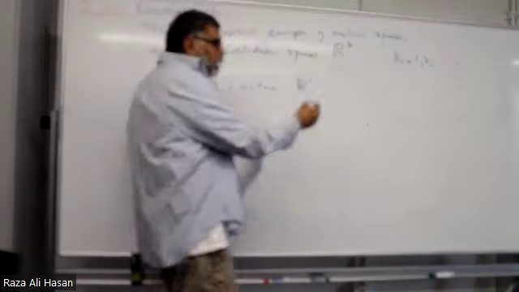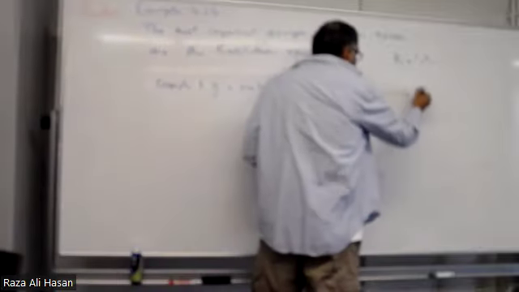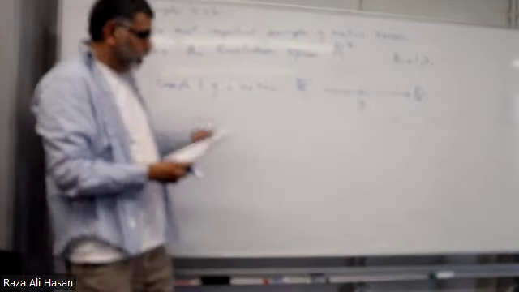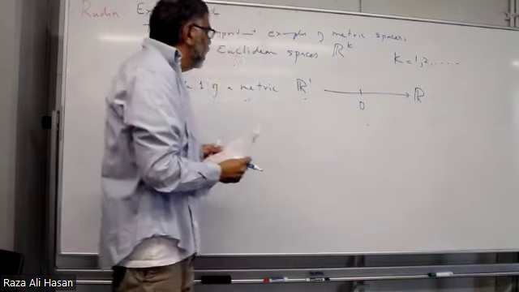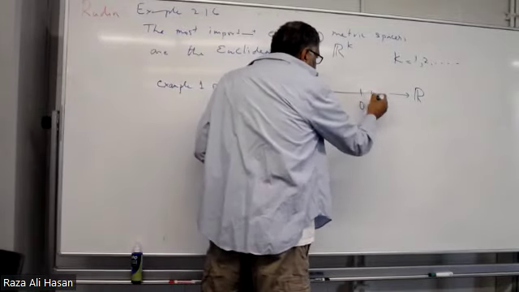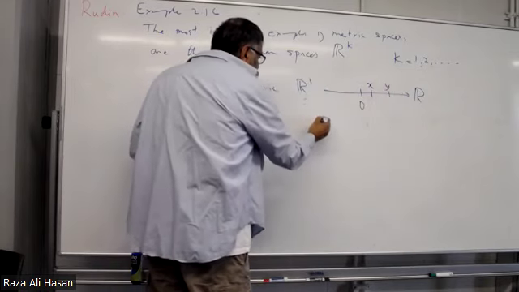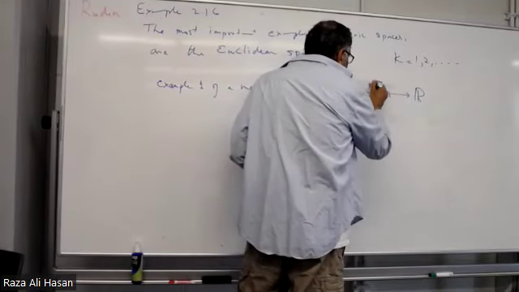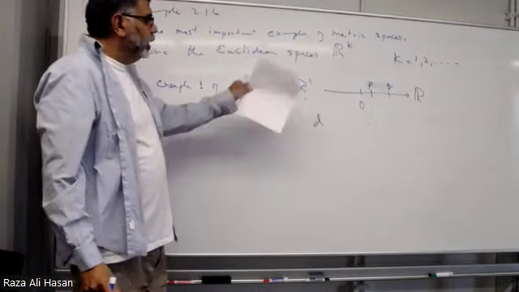So that would be our number line, right? And here our distance formula would be, so if this is, let's say, X here, and this is Y, then D, let's do P and Q again. P and Q, 2 points on R.